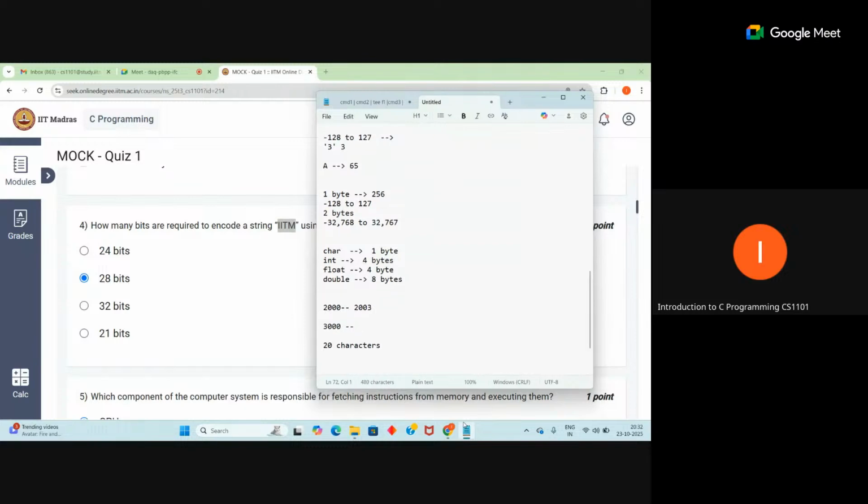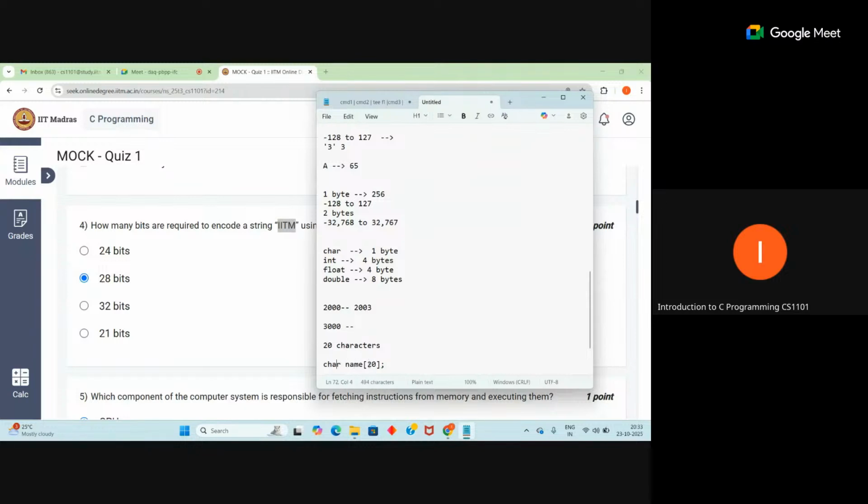Then it will allocate 20 bytes of memory. How we will represent your name is, say, char. Name consists of a set of characters, not a single character. How many characters you want, that you need to specify using the size. This is the maximum size. That means in the variable name, you can store a maximum of 20 characters.